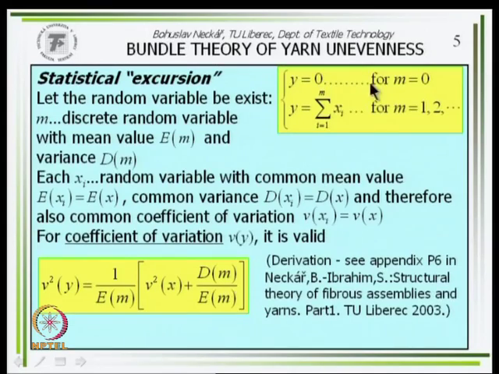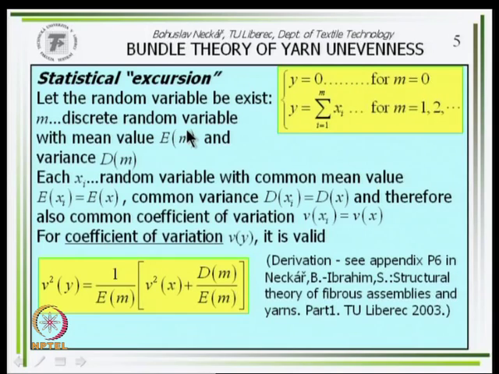Let's imagine a random quantity y, defined here. Y is 0 if some quantity m is 0, and y is the sum for i from 1 to m of xi if m is 1, 2, 3, and so on. Let M be a discrete random variable with mean value EM.